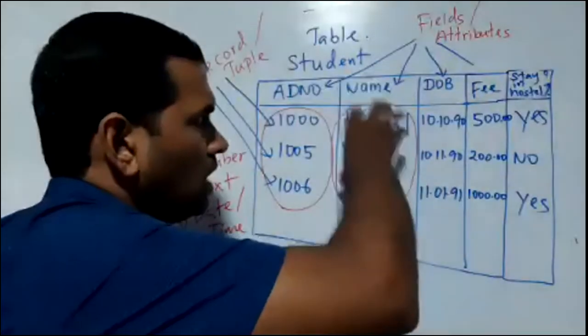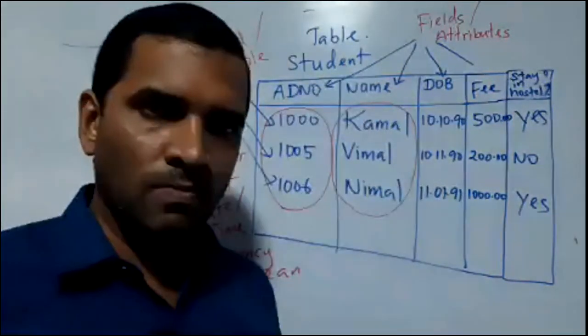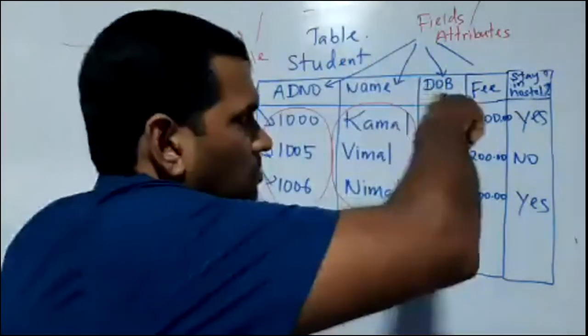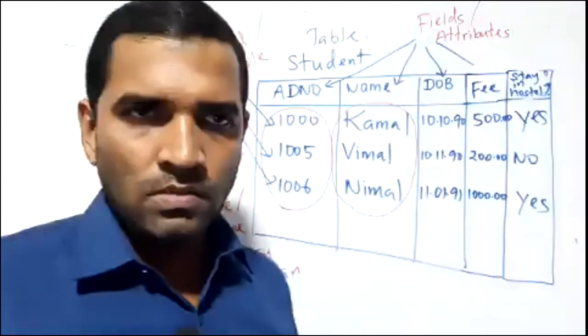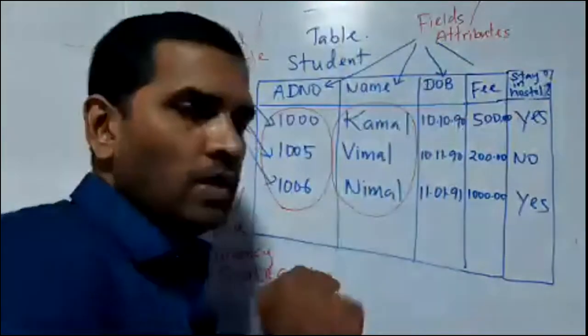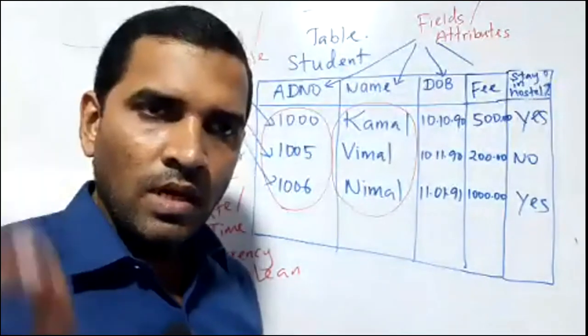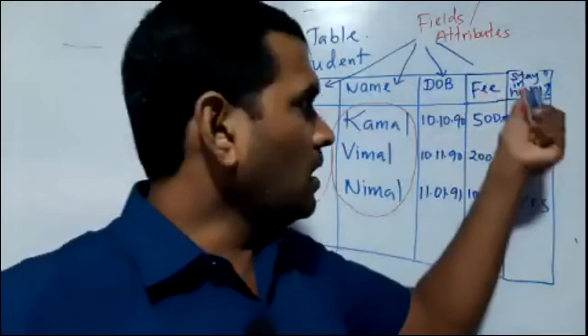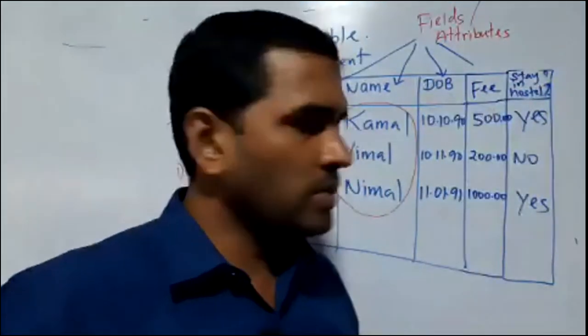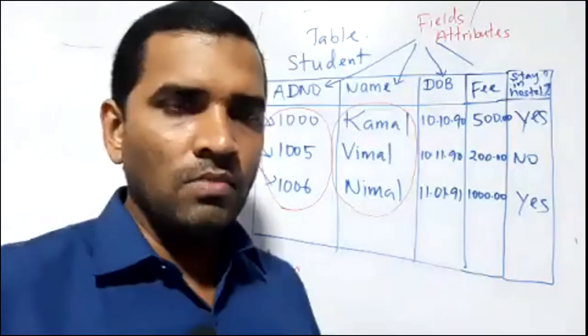In name, you have data in text format. In date of birth, DOB, you have data in date format. In fees, the data exists in currency format. In the last field, stay in hostel, has data in Boolean format.